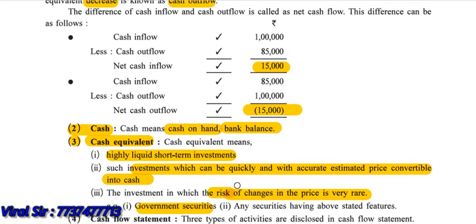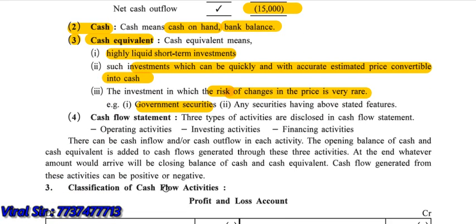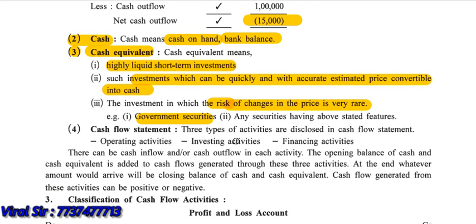Clear? Now the next terminology is cash flow statement. Three types of activities are disclosed in the cash flow statement: operating activities, investing activities and financing activities. Cash inflow and outflow can be there in each of these activities.